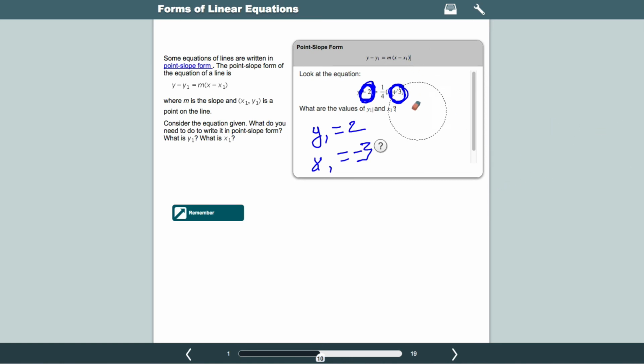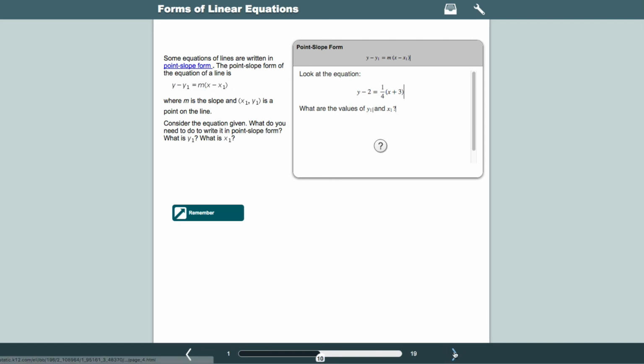There's our values of y1, x1. We just change the sign of whatever's written, because it's a negative on both of them. Now m is our slope, so that's still our slope right there. So we need to remember that as well.